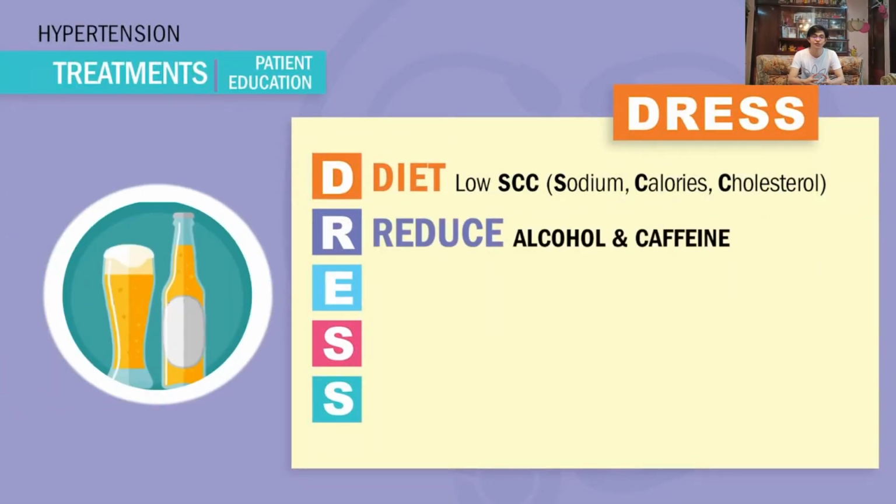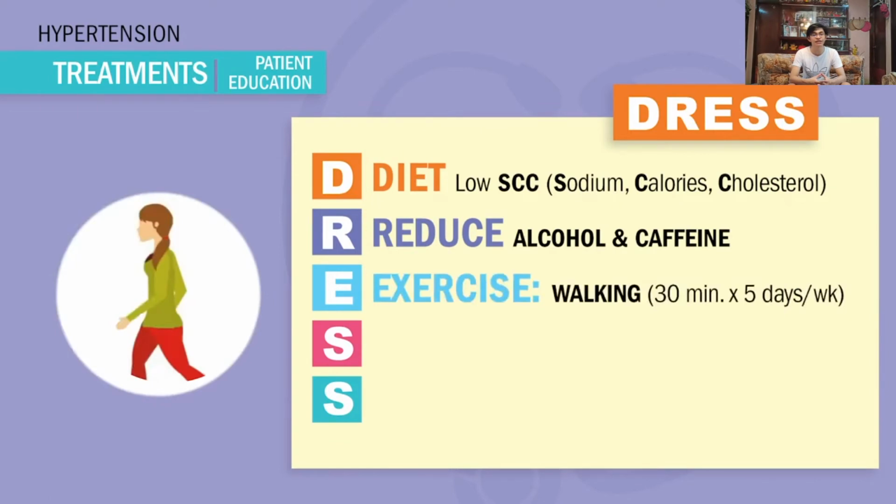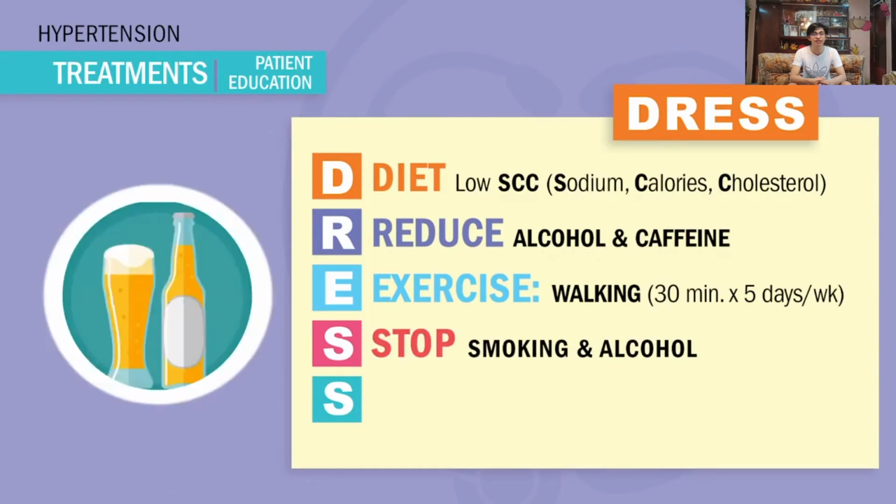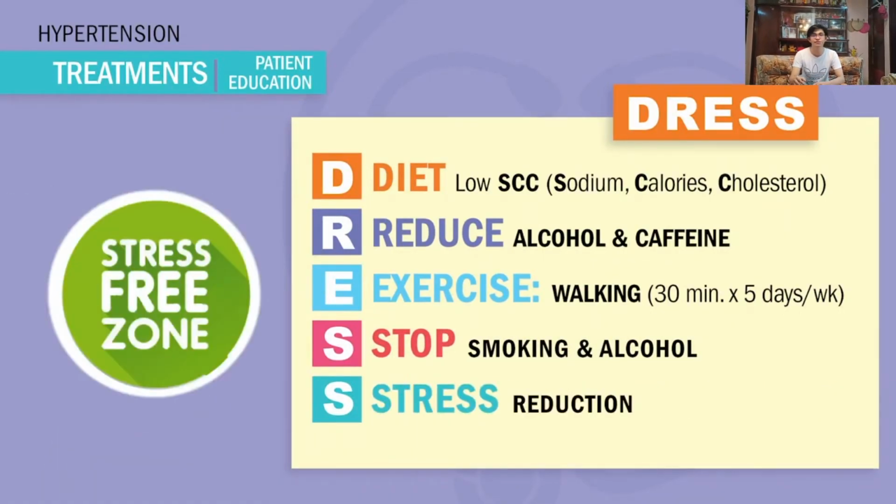R is for reduced alcohol and caffeine because these stimulate the heart muscles. E is for exercise while walking for at least 30 minutes a day for 5 days a week. This enhances cardiovascular function. S is for stop smoking and consumption of alcohol. And the last S is for stress reduction.